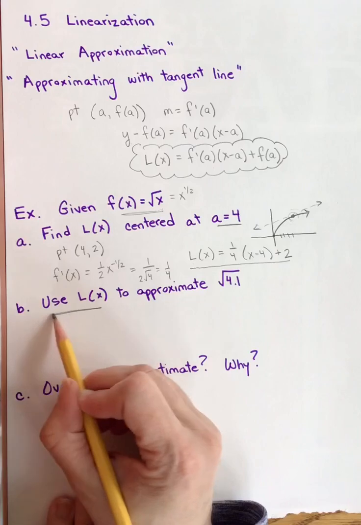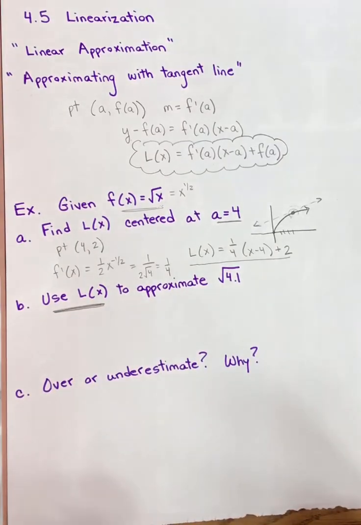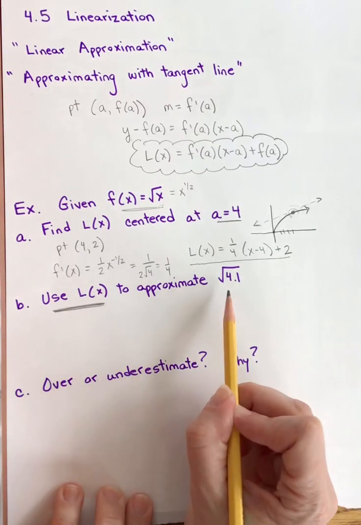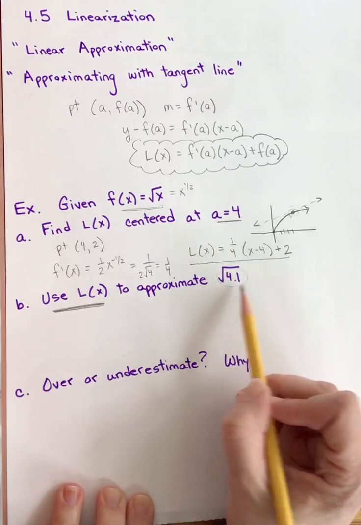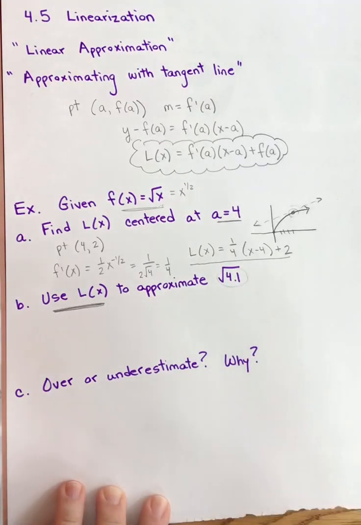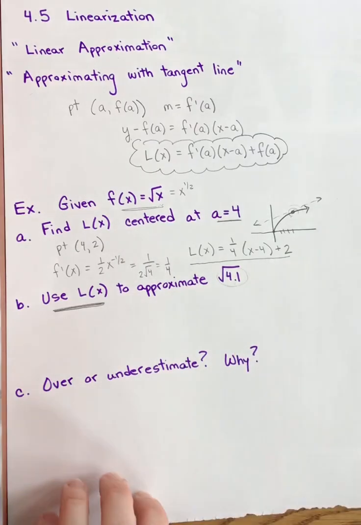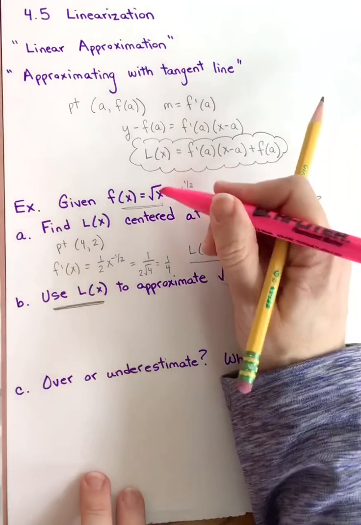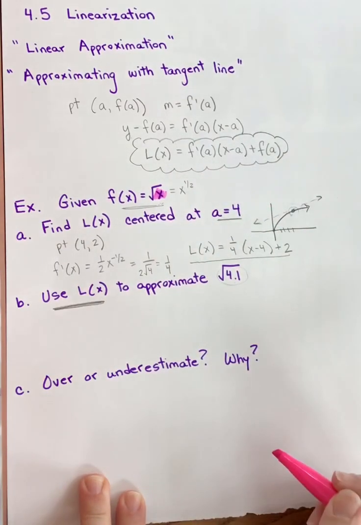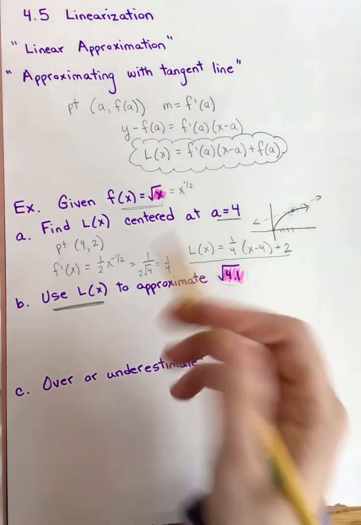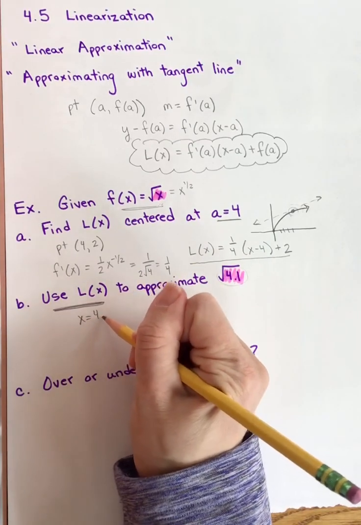Now I want to use it. So really, this is a no calculator question. Before the days of TikTok and Snapchat and Instagram, they would actually do math without a calculator, shocking but true, to approximate square roots. This is how you approximate square roots without a calculator. So I want to figure out, who's my x value? X was chilling under the square root, so this is really code for x equals 4.1.